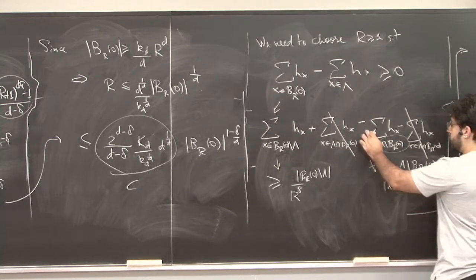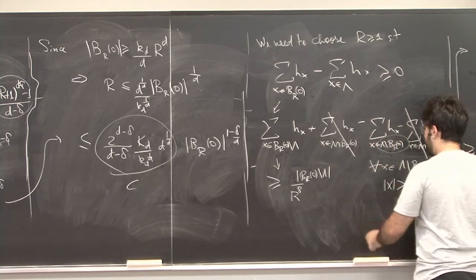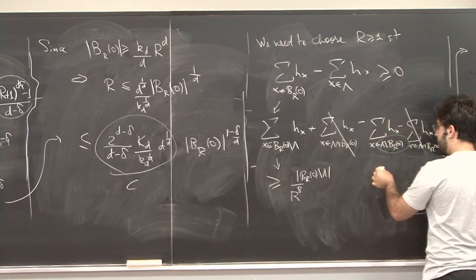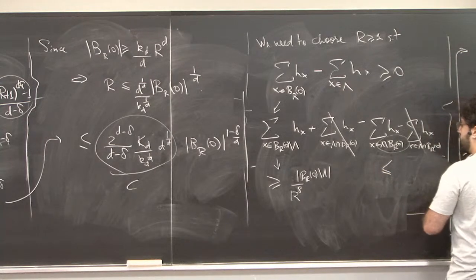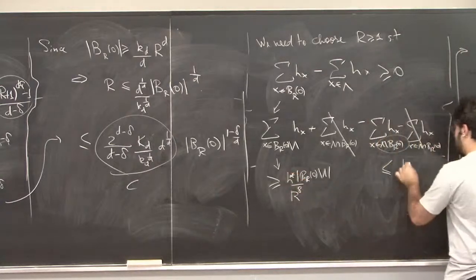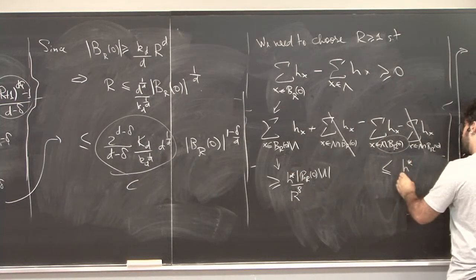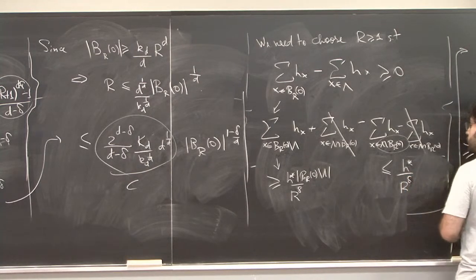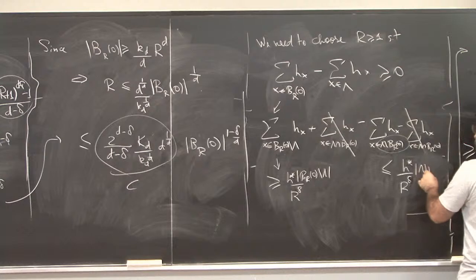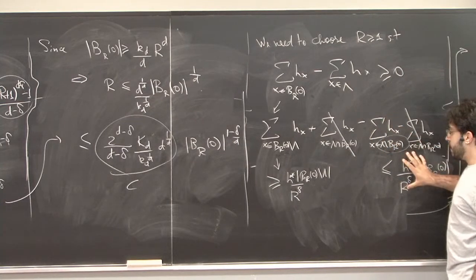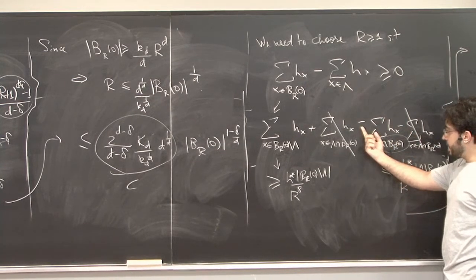So this means that this sum over here will be upper bounded by, of course there is an h star, r to the power delta, okay, times the size of the set. But again, I have a minus sign. So an upper bound to this sum is a lower bound when I multiply by minus.